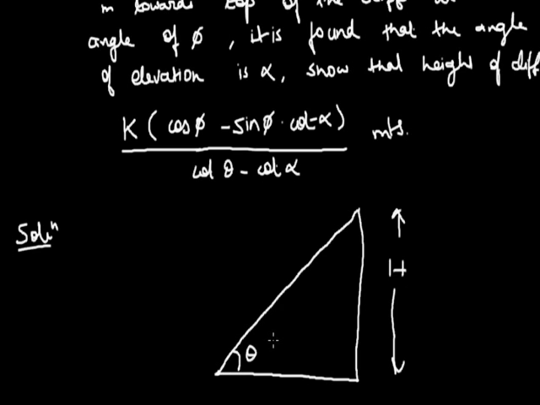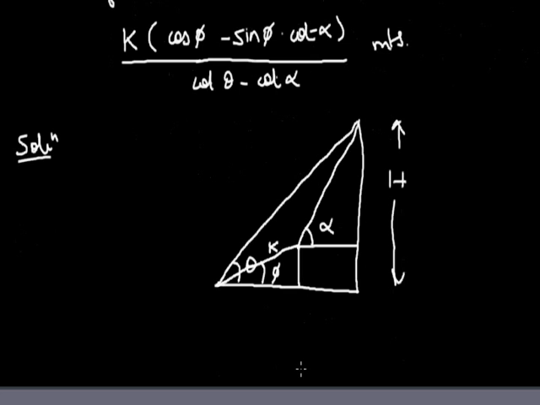Now in the second part of the question, after going a distance k meters towards the cliff, it means from this point we are moving towards the top of the cliff, and let's take this distance as capital A. After moving a distance k, this is the point which is at an angle phi with the horizontal, and after reaching this point, the angle of elevation from this point towards the top of the cliff is given as alpha. So in this way we have to make the figure, and now we'll accordingly solve the question.